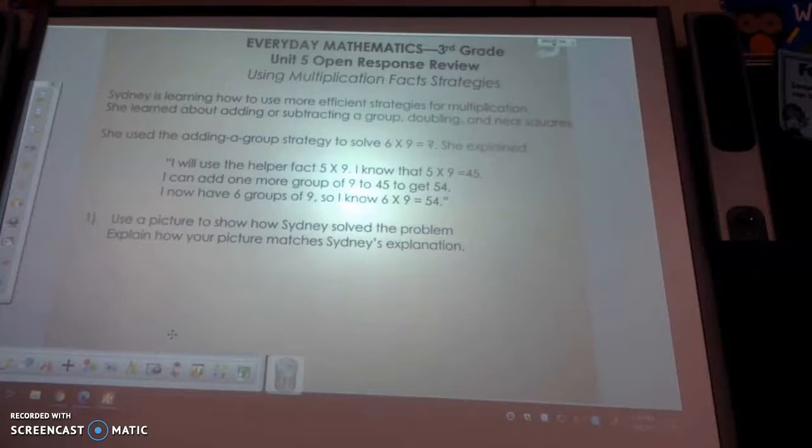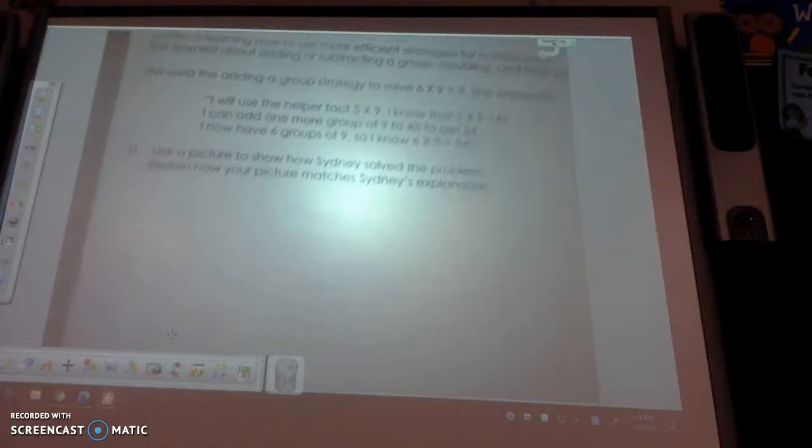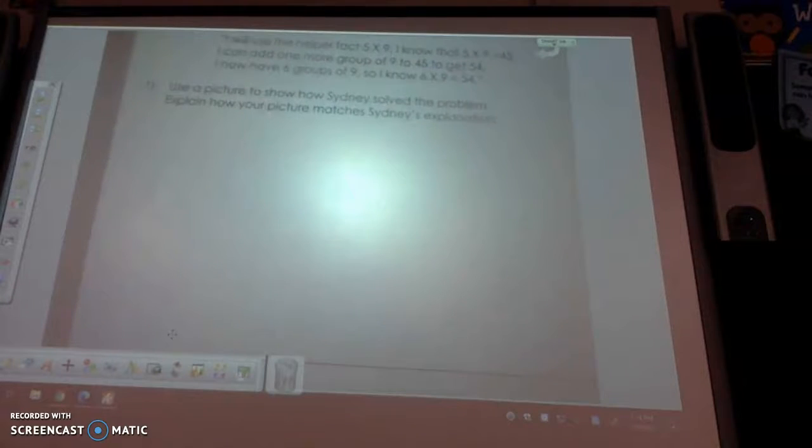It says use a picture to show how Sydney solved the problem. Explain how your picture matches Sydney's explanation. So what they want you to do is make a picture. That's why I'm going to be doing it on the board with you so that you know how to make a picture. Basically, we will be making an array. I'm going to move the paper up a little bit because you have a lot of space here to work on.